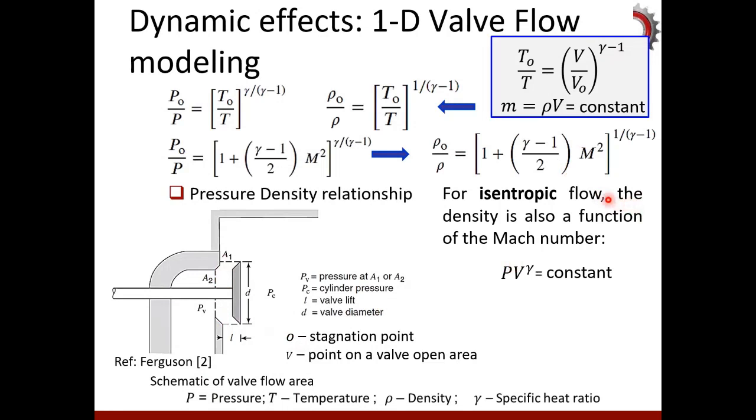If the process is isentropic or adiabatic, we know that PV to the gamma is constant. And replace the pressure volume ratio with the density ratio because it is constant. So we can write down the density ratio like this. So V is a point on the valve open area and O is the stagnation point in the upstream. V is downstream, O is upstream.